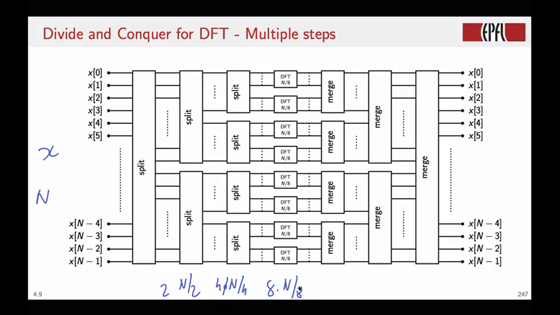So we have the original DFT of size capital N, which has been divided into smaller DFTs of size n over 8, exactly 8 of them. Then you have to merge this, and this will have complexity order n, as we announced. We'll see how this is concretely done on an example. And you can see in this particular case, we had 3 times n plus 8 times the DFT of size n over 8. So that will be the complexity of this particular algorithm here.